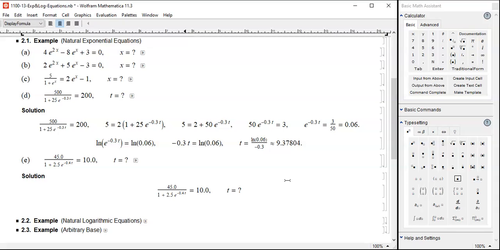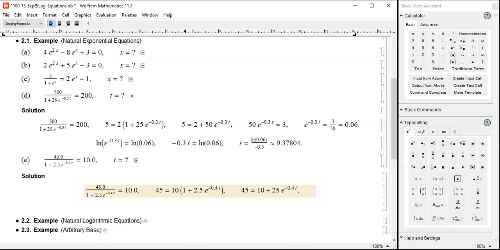Okay, that's the problem. Step 1, denominator. Okay, here we go. Flip the denominator to the other side by multiplying it to both left hand side and right hand side. And break up the parentheses. Did I do everything right?